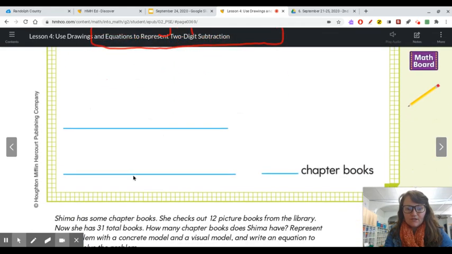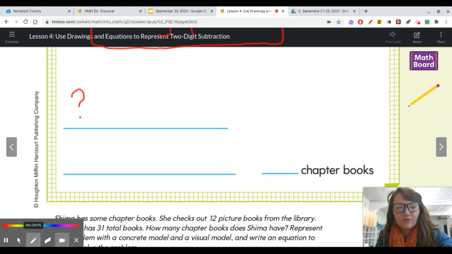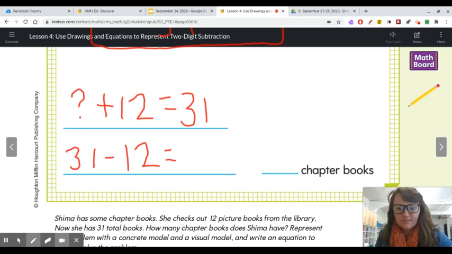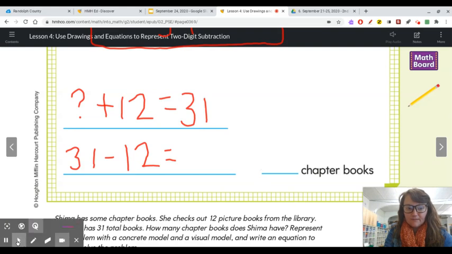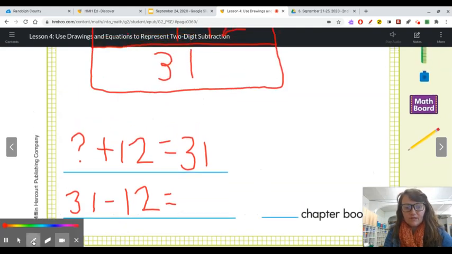So down here on this line, I'm going to write my unknown plus 12 equals 31, or 31 minus 12 equals something. Okay, so now we're going to have to subtract. So instead of drawing out pictures, I am going to use a number line. Okay, so move that up here.